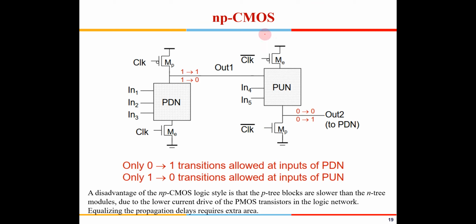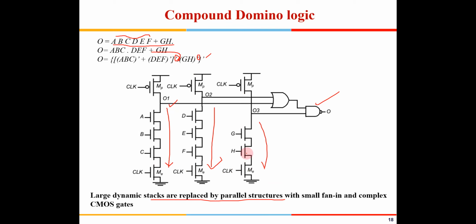Okay, so the last kind of logic, but this is actually dynamic logic. Essentially this is a dynamic logic. It is known as compound domino logic, because, I'm not sure, because it is dynamic logic in fact.